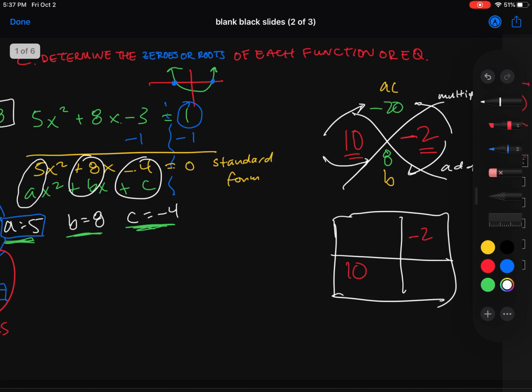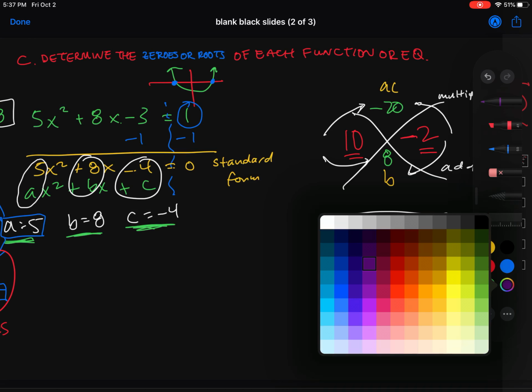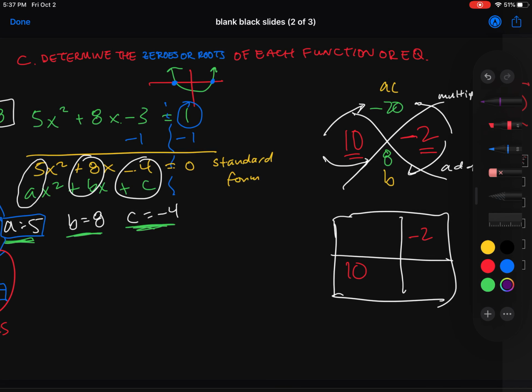Let's change colors. How about a purple? Okay, so the first term always goes in the top left, and the last term always goes in the bottom right. Remember, the 10 and -2 here are splitting basically an 8x, okay?